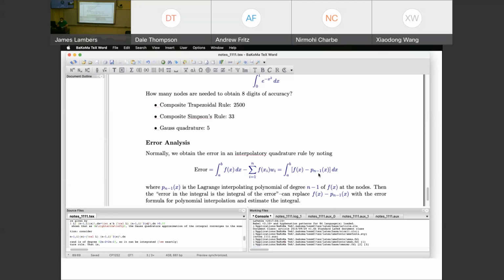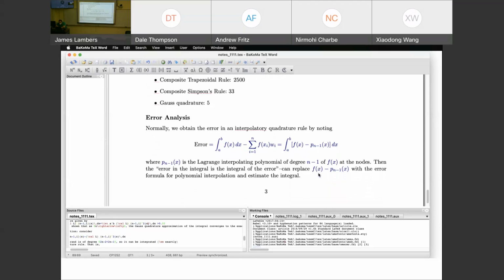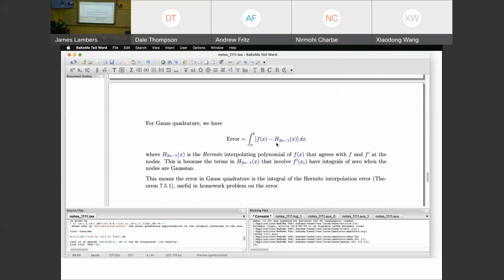So what we do instead is actually use Hermite interpolation rather than Lagrange interpolation. So the error is the Hermite interpolation error.